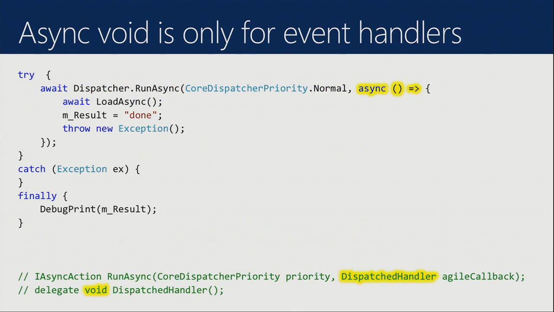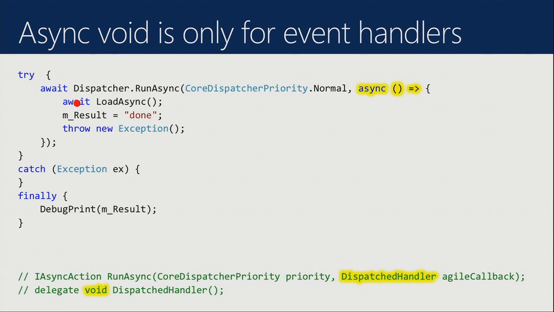Here's a situation where there's a method that does not have an overload for a task returning delegate. The dispatcher's RunAsync method, despite it being async, is actually not prepared for taking async lambdas. It's only prepared for taking synchronous work and dispatching that chunk of work. So what happens here if we call it with an async lambda? You can see the signature down at the bottom here.